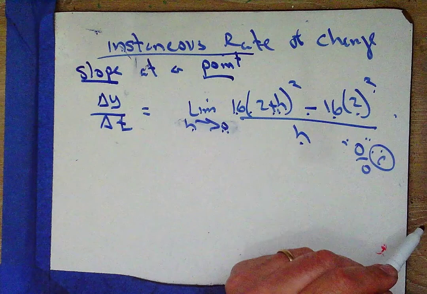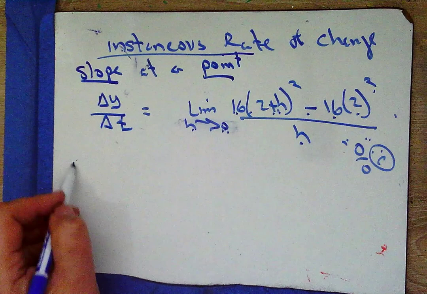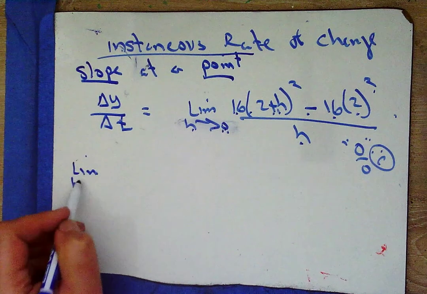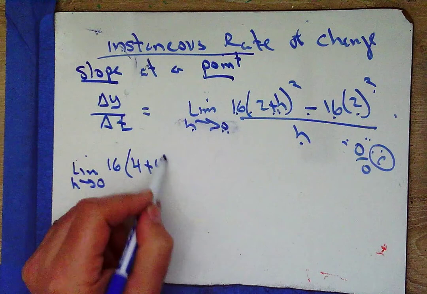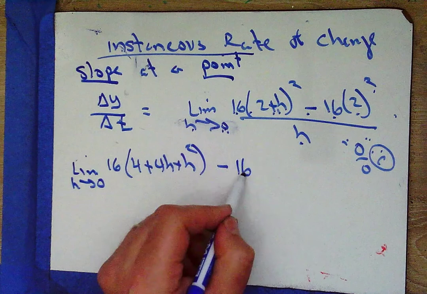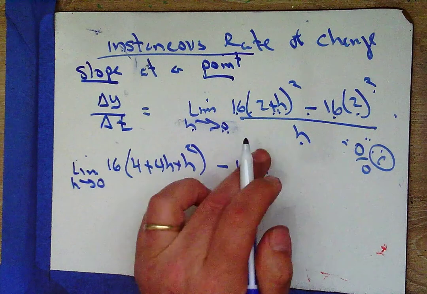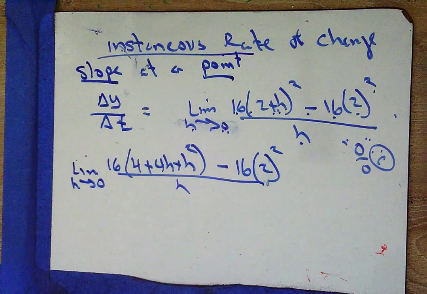So we need to bust out some of our algebra. Okay, so this limit is going to be equal to the limit as h approaches 0 of 16 times 4 plus 4h plus h squared minus 16 times 2 squared, all over h.